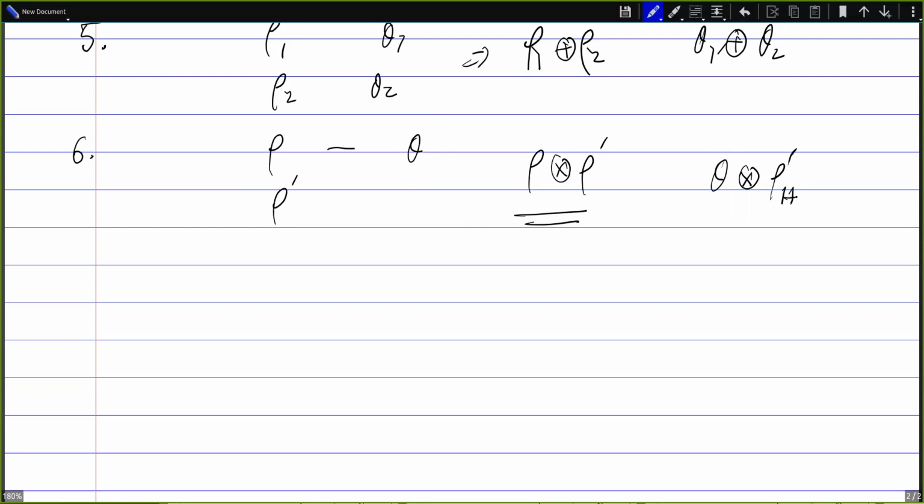These are just usual manipulations. So that shows how induction behaves with tensor product.